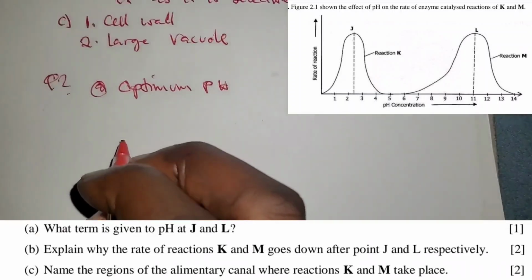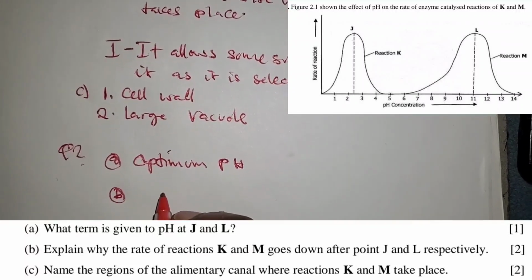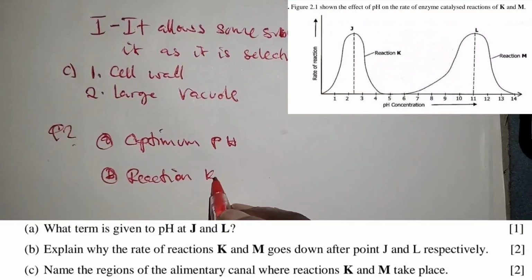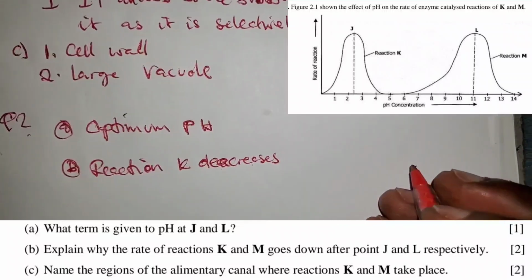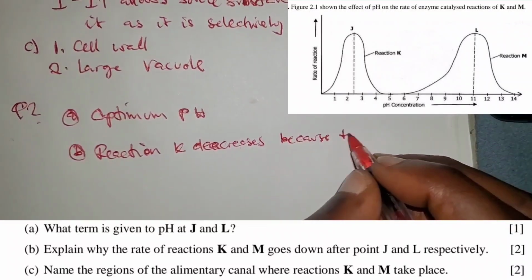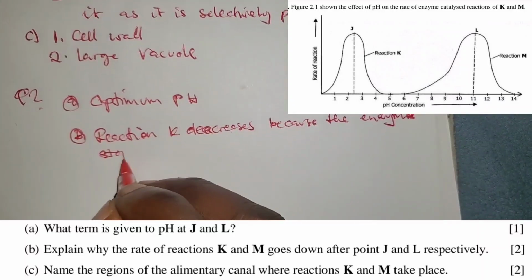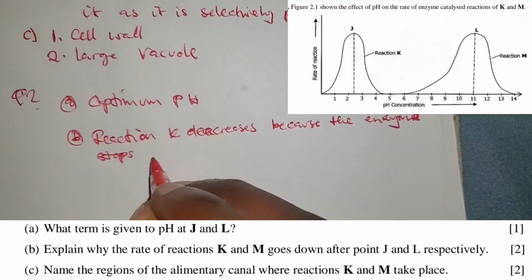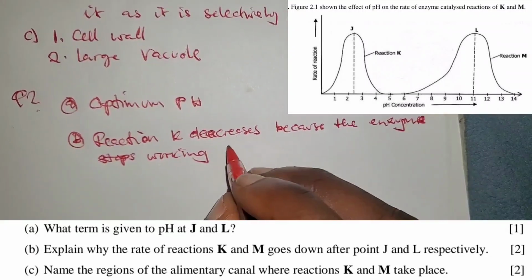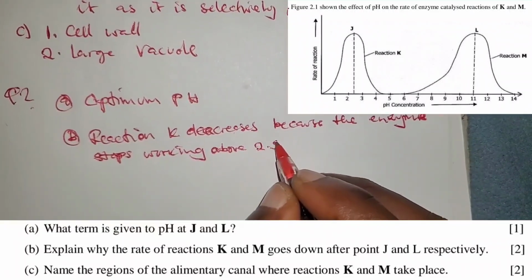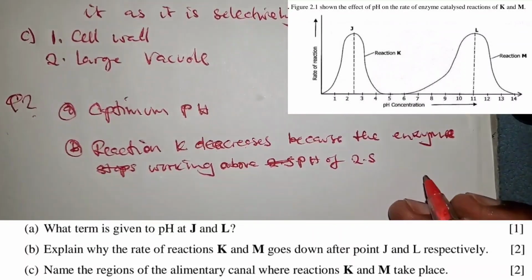So there you can say this is B. Reaction K decreases because the enzyme stops working above a pH of 2.5, as seen in the diagram there, 2.5.